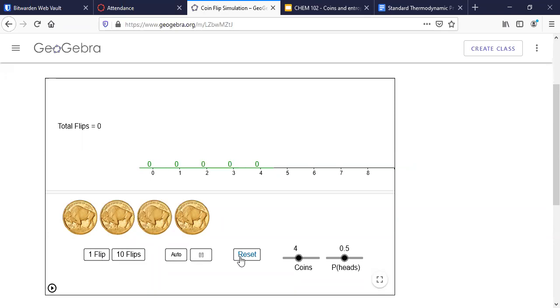The state where all the coins are in one orientation represents a state of a great deal of order. It represents a great deal of organization. Whereas the state where I have half at one orientation and half at the other orientation represents disorder.